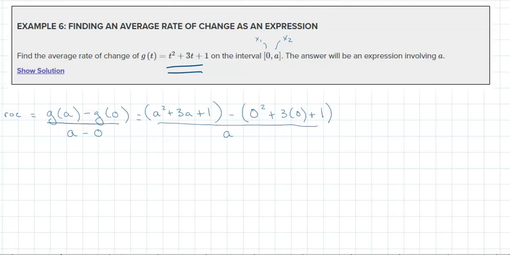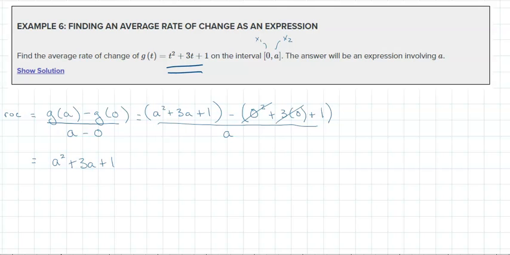All right, so now we just have algebra to do. So we've got a squared plus 3a plus 1. The 0 squared is going to go away because it's 0, and the 3 times 0 is going to go away. So I'm going to cross those out so that they're out of my line of sight and I don't have to think about them.